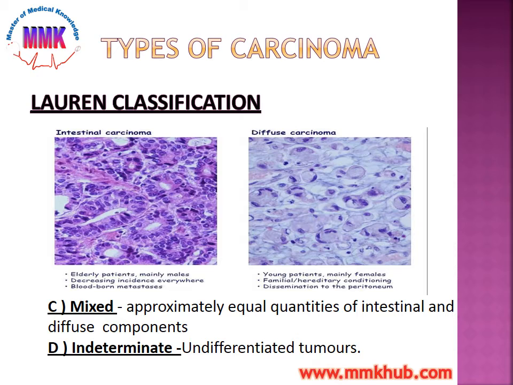It has familial or hereditary associations and dissemination is to the peritoneum. Third type is the mixed variety, which has approximately equal quantities of intestinal and diffuse components, and fourth type is the indeterminate variety, which are the undifferentiated tumors.